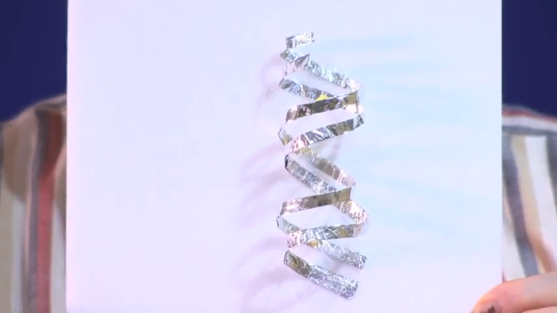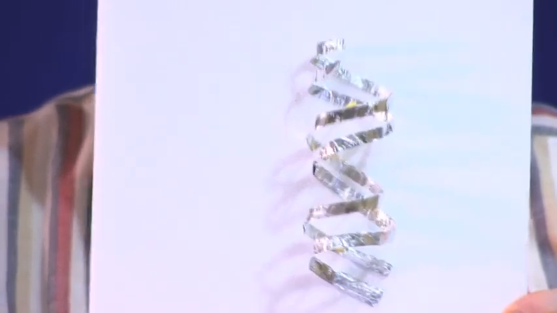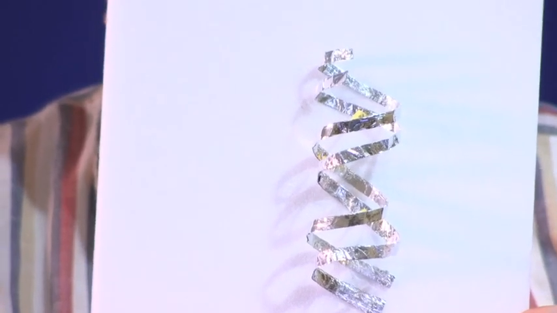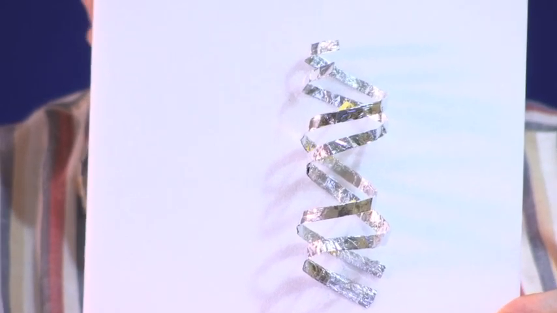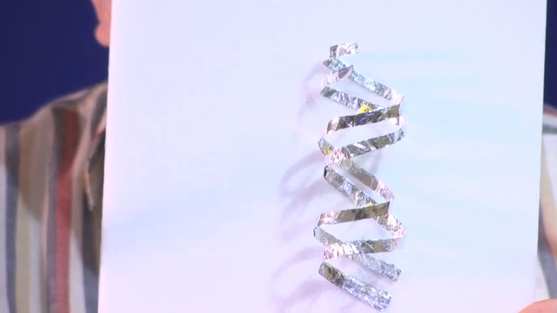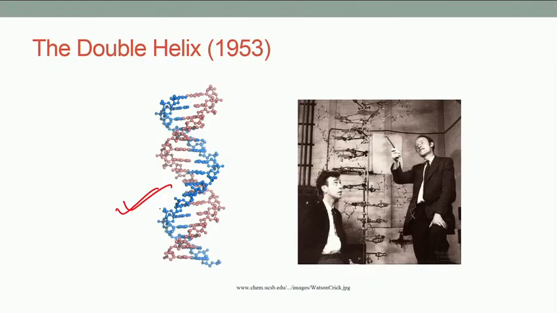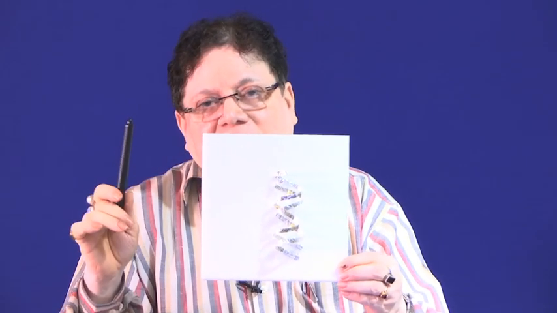Now, some of the important features: what is the pitch of this double helix? Pitch means, if you take one strand and make a complete rotation, traversing from one point to a complementary point in the same strand, the rise in height is what is called the pitch of the helix.